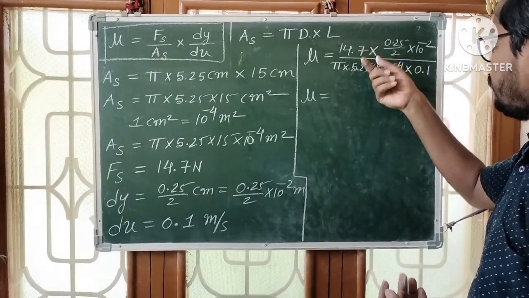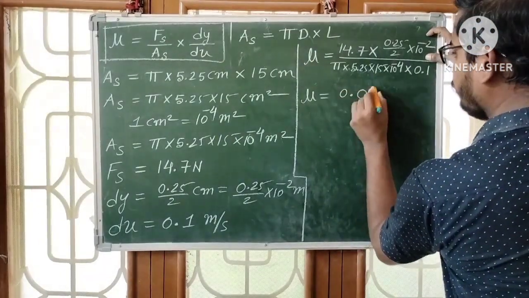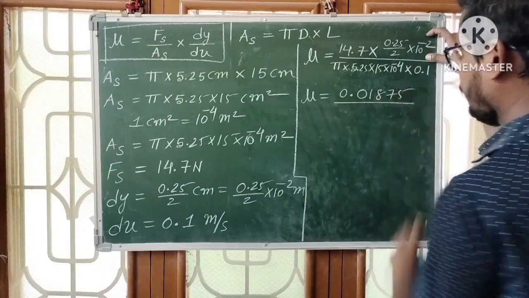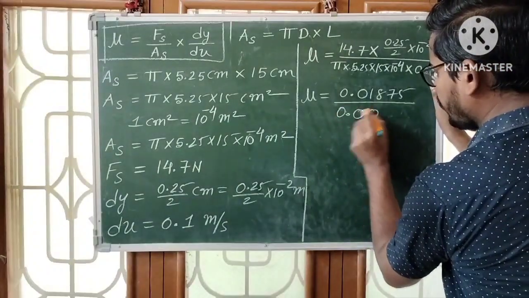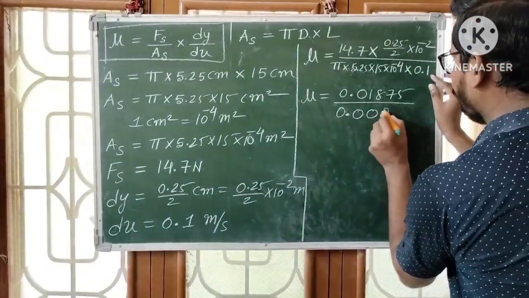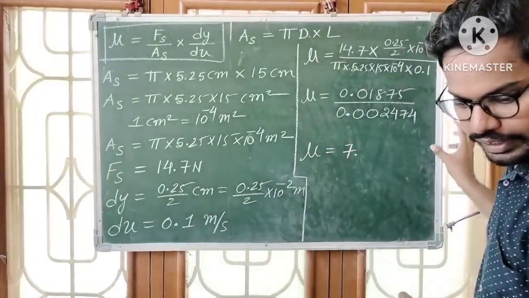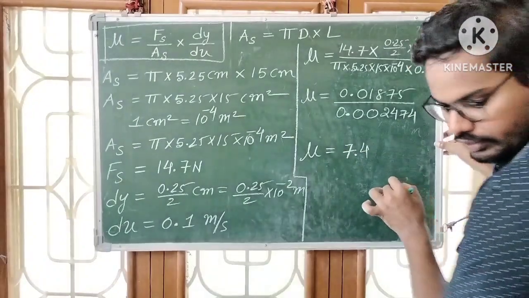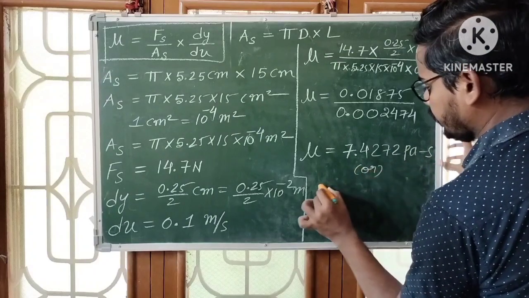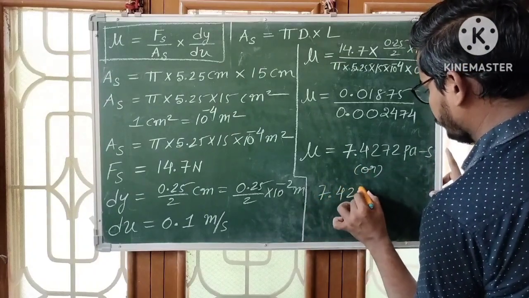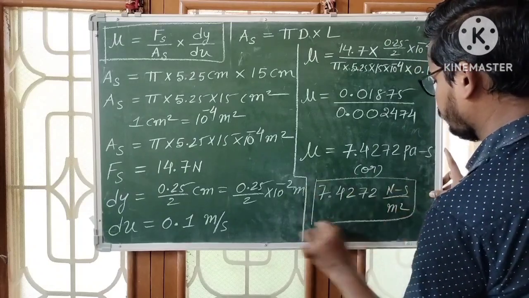The numerator value is 0.01875, and the denominator is approximately 0.002474. So at last, mu is equal to 7.4272 Pascal second, or 7.4272 newton second per meter square. So this is the viscosity of the oil.